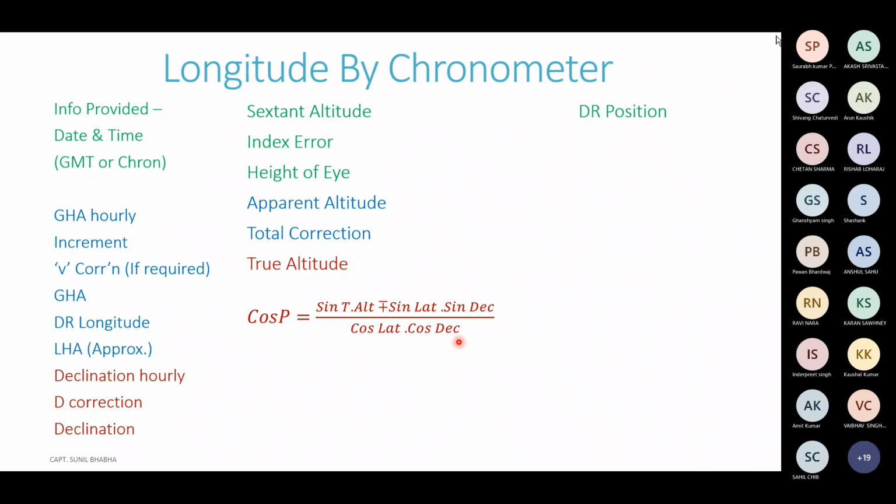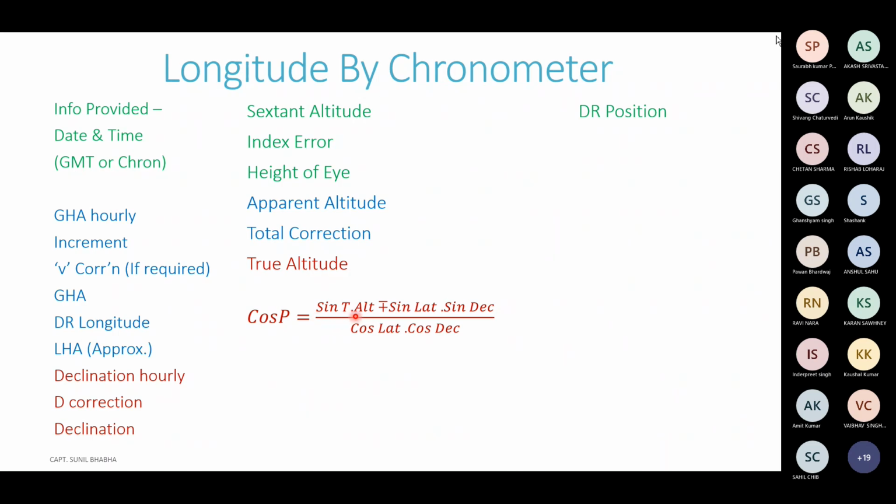Now a couple of things in this formula. P, as I already told you, is the same as we used in the ABC method. P is either equal to LHA or P is equal to 360 minus LHA. In this case, we are going to calculate the value of P here in this formula.